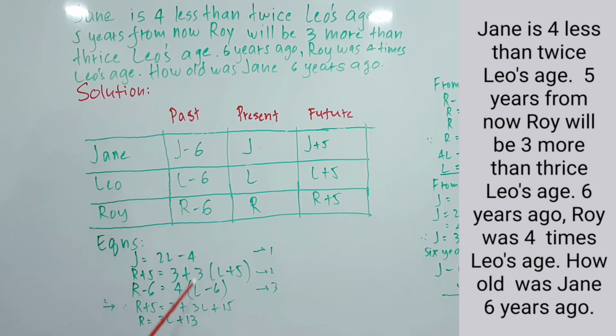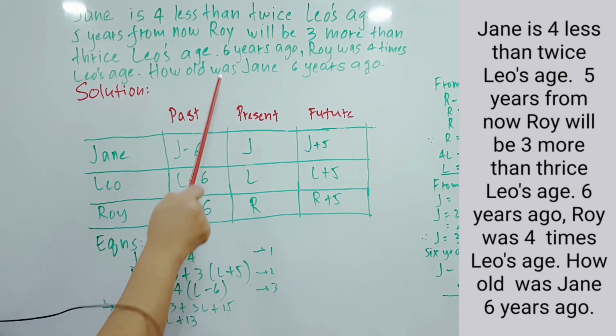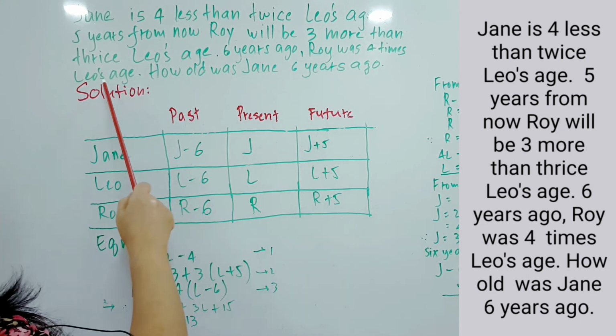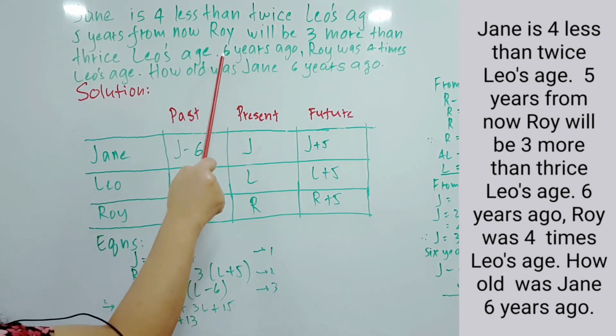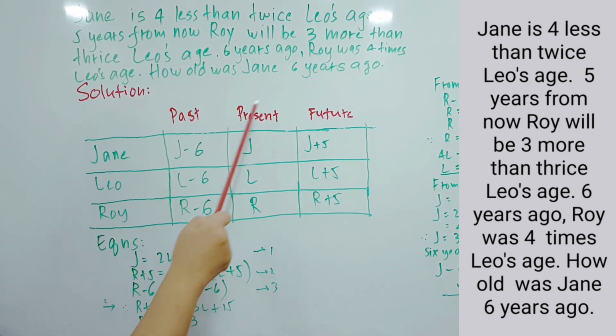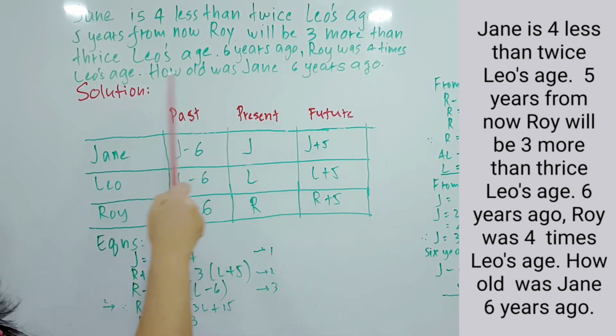Now, the third equation, 6 years ago, Roy was 4 times Leo's age. 6 years ago, that means we're talking about the past. So, who's involved here? Roy and Leo.